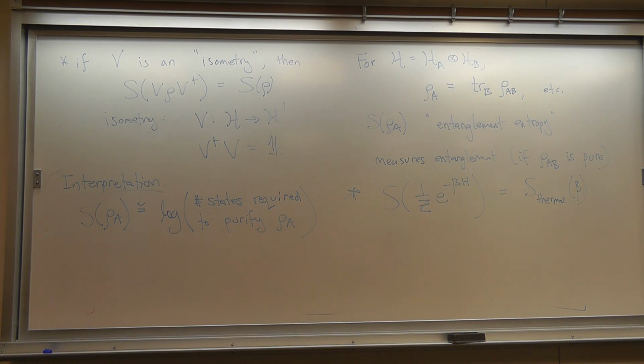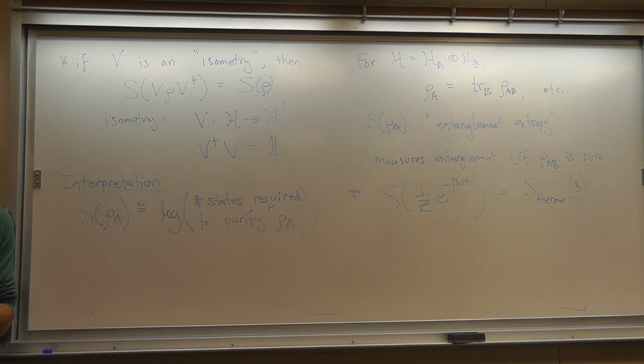But if they're in a pure state, like say we measure where every atom in this room is, we project onto a pure state. The fine-grained entropy of the air in the room is 0.